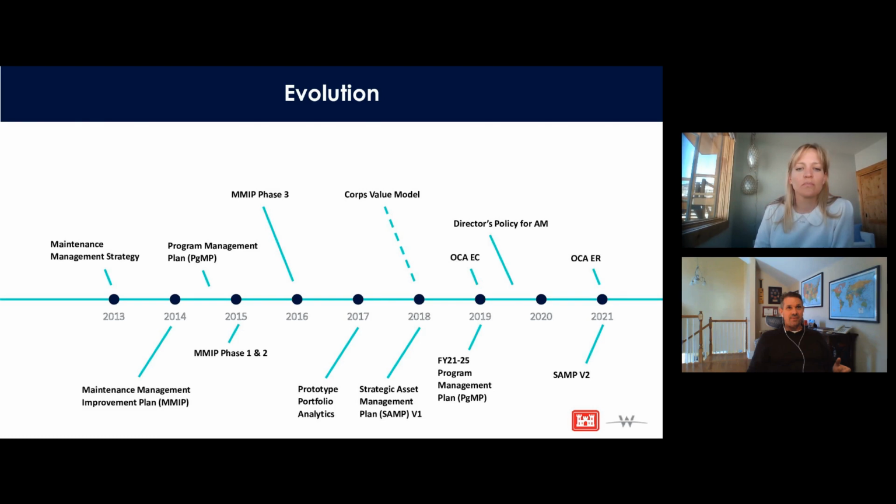And then this has been a theme throughout, but the portfolio analytics, the core value model. In the mid to late teens, the agency was starting to recognize that there were common tools in practice that we needed to begin to develop. A value model is not something that an agency can do overnight.